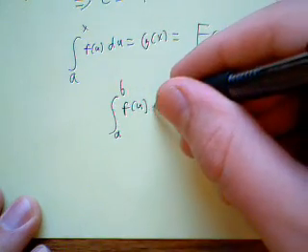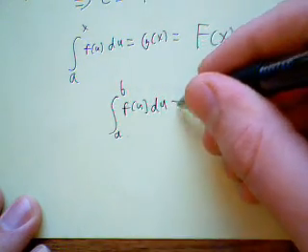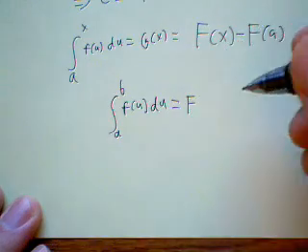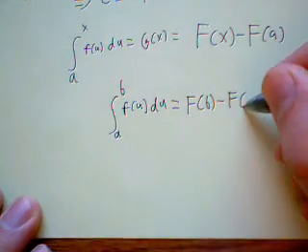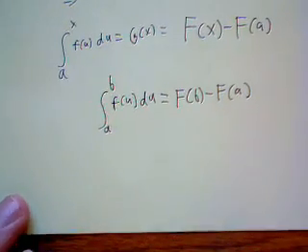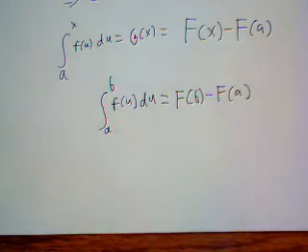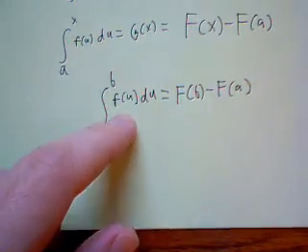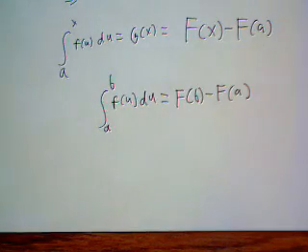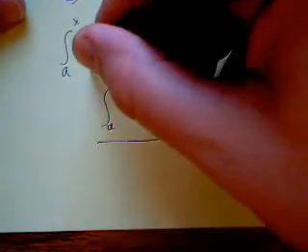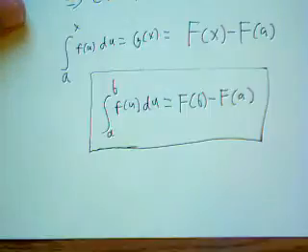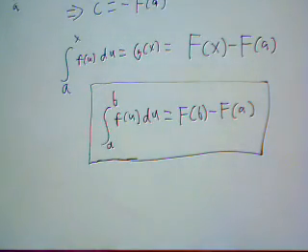So the integral from a to b of f of u du is equal to F of b minus F of a, where big F is just some antiderivative of f of u. They all differ by a constant. And, well, hey, there it is. The second part of the fundamental theorem of calculus.